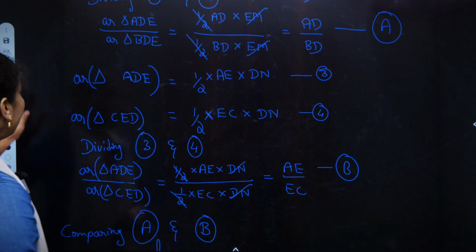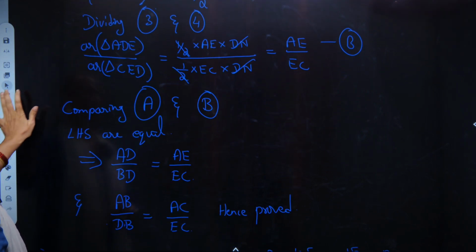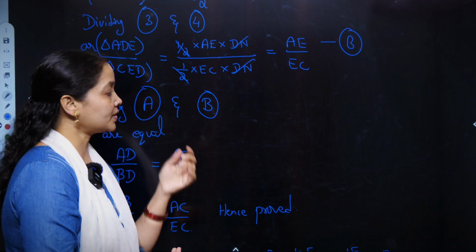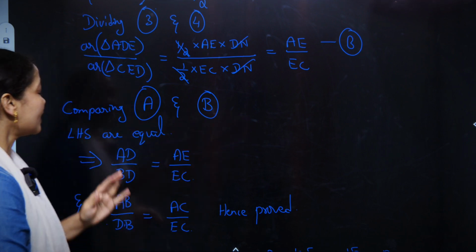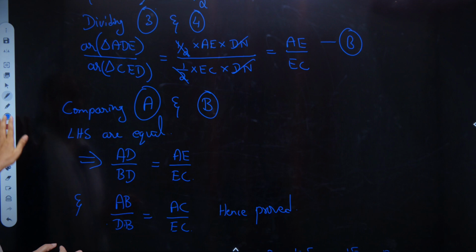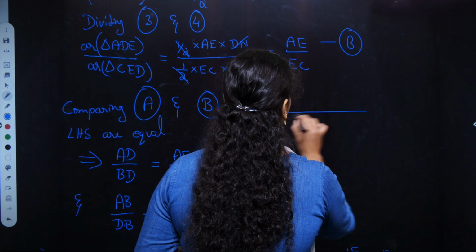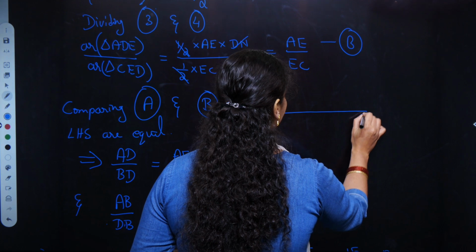Therefore, when I compare the two equations that I got, equation A and equation B, the LHS of the equations are equal. You all might know that in 9th standard we had a simple parallelogram like this.